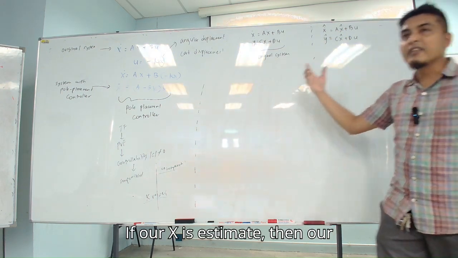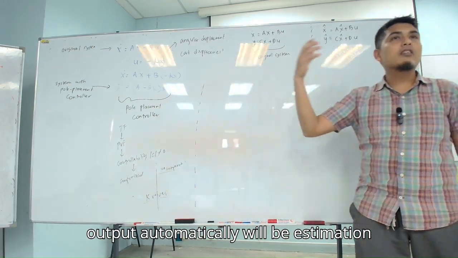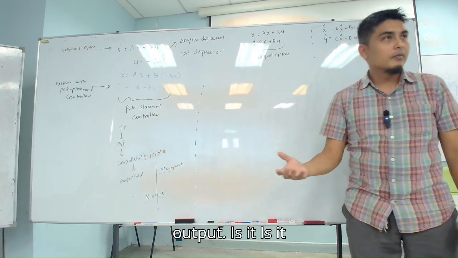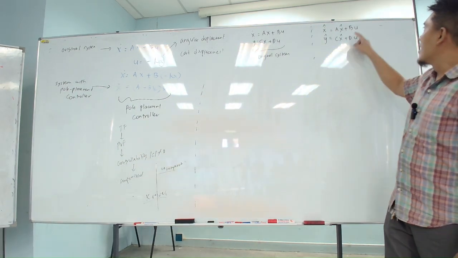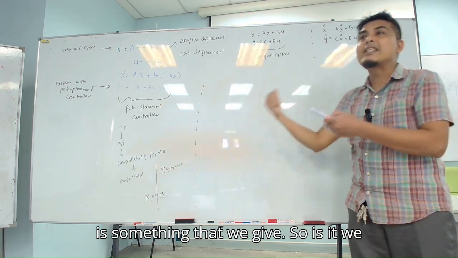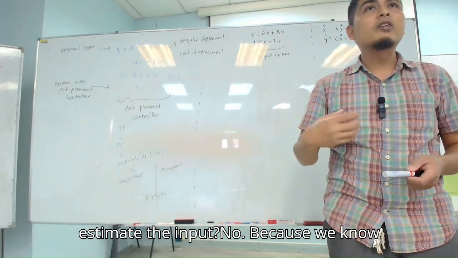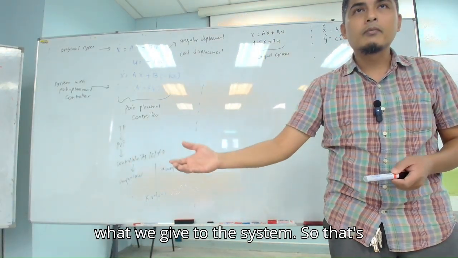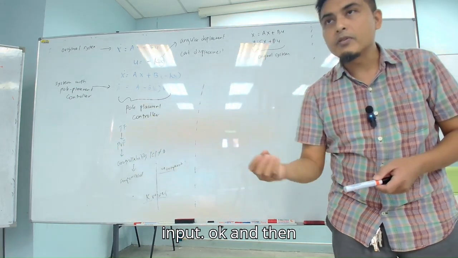If our x is an estimate, then our output automatically will be the estimated output. Is it logical? So that's why the input is the same, because the input is something that we give. Do we estimate the input? No, because we know what we give to the system. So the input is the original input.